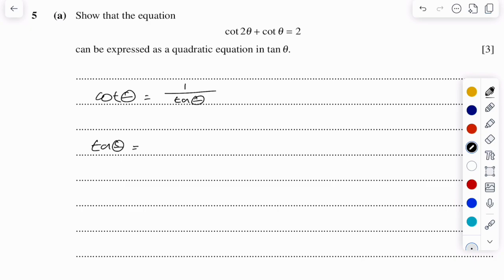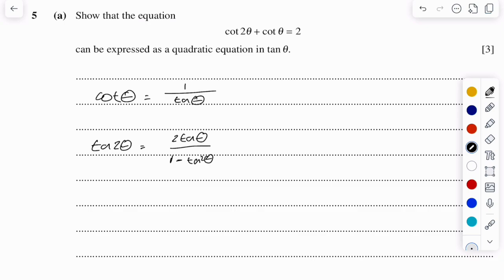We also know that tan 2 theta, sorry, is equal to 2 tan theta over 1 minus tan squared theta, alright? Which means what?